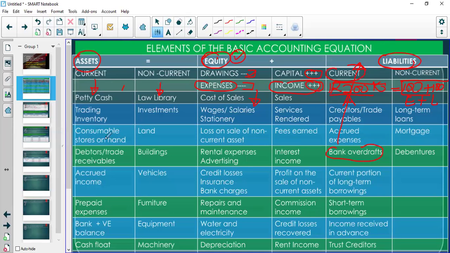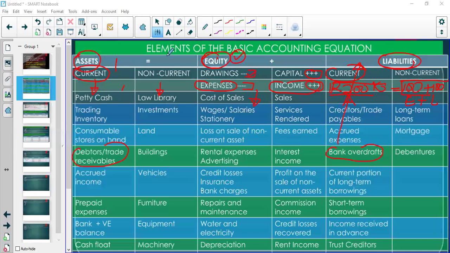So if we identify those debtors or trade receivables as assets, we can also narrow that to current assets. That is very important for your preparation because sometimes the examiners want you to present your assets as either current or non-current.